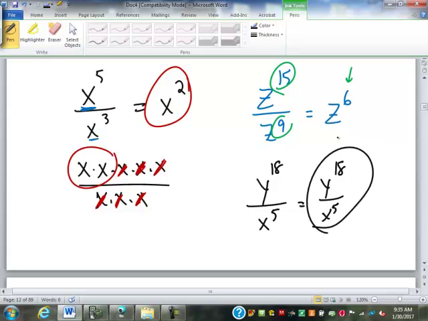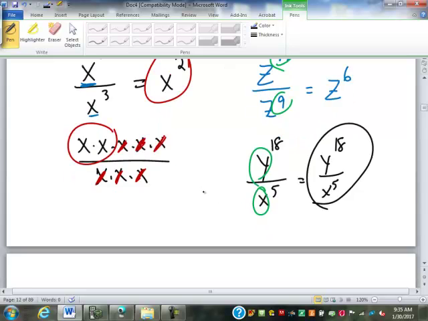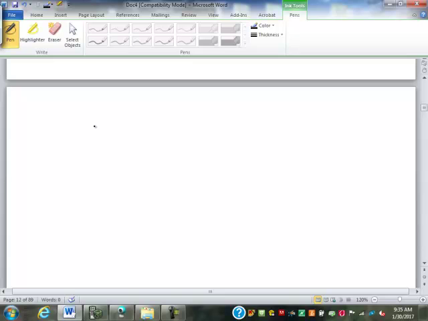I cannot simplify that. I can't combine the powers because they do not have the same base. I have y and x instead of the same variable. Just like with multiplication, however, we can have more than one variable. We can only combine the ones that are the same.